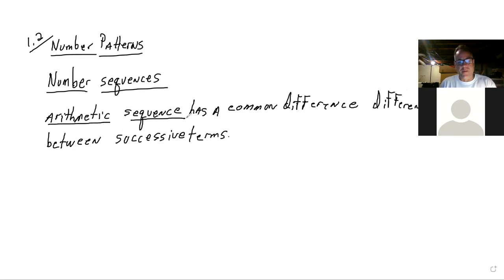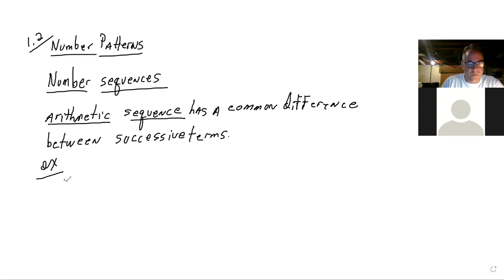So any two consecutive terms, if I take the difference, subtract them, I'm always going to get the same difference, the same number every single time.